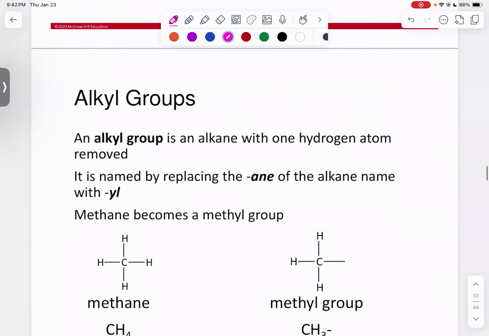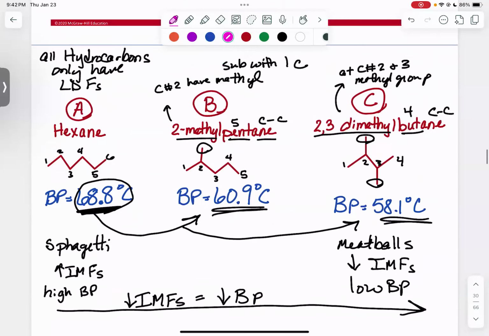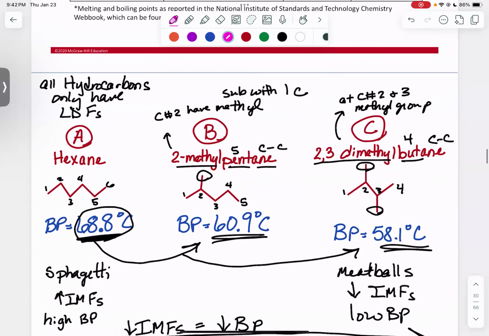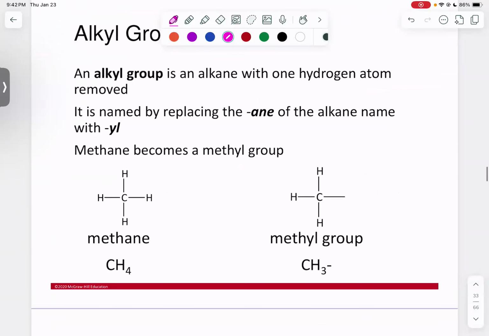So when we're naming compounds, remember how up here we were talking about this is methyl, right? But why are we using that YL? We're using that YL because we're saying that this is an alkyl group instead of a parent chain.